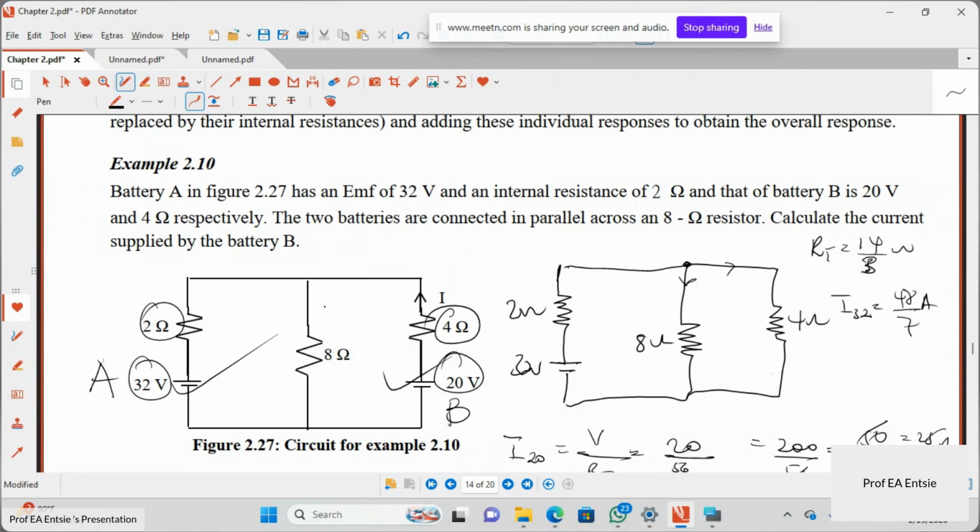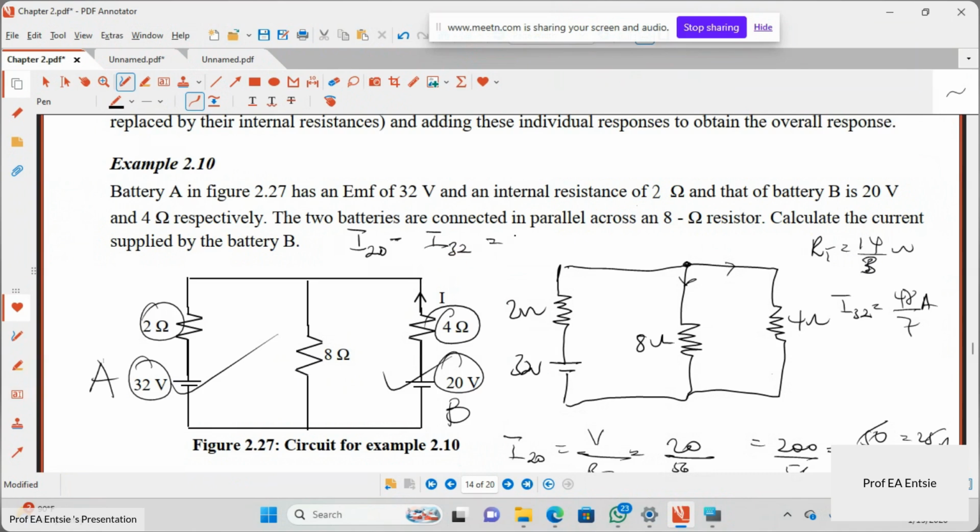Calculate the current supplied by the battery B. So we are interested in battery B. So how can we do that? If you want the current in battery B, it will be the current battery B was able to produce by the 20 volts minus that produced by the 32 volts.